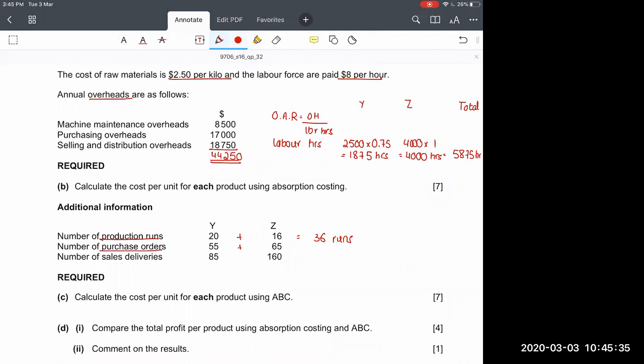Now we have the activity. The total number of orders are 120 orders. Deliveries की details हमारे पास हैं, 85 plus 160, that makes 245 deliveries. Now we are going to distribute overheads on the basis of these activity rates. These are activity cost drivers.